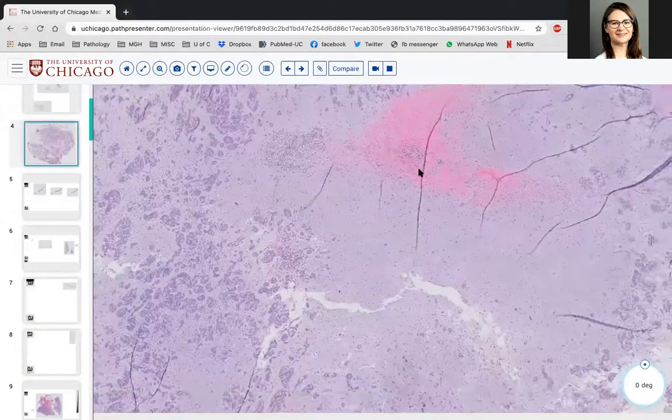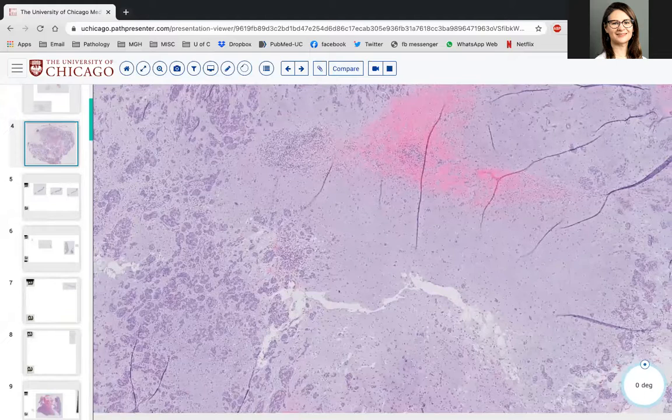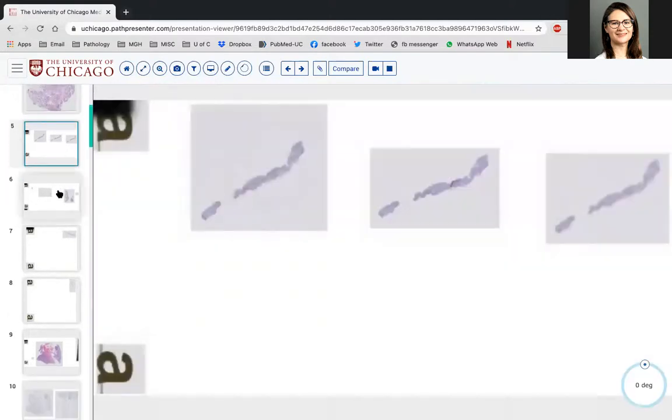Questions or comments on this one before moving on? So again, two commonly encountered benign tumors where a good diagnosis can generally be made on biopsy, with the exception of the occasional overlapping features that we see in a pleomorphic adenoma, as exemplified perhaps by the next case.